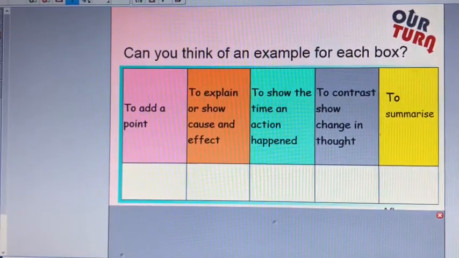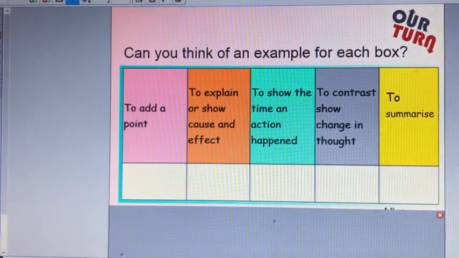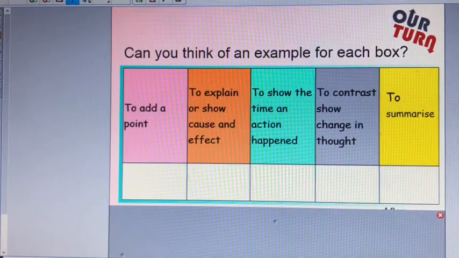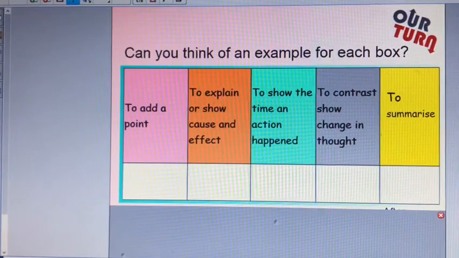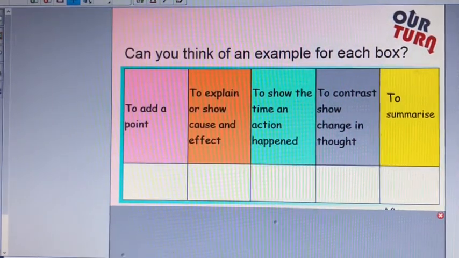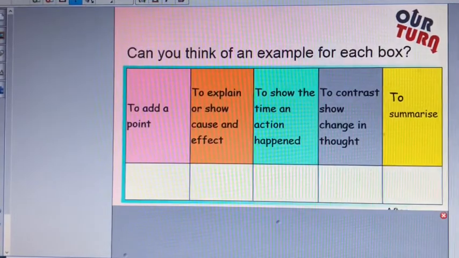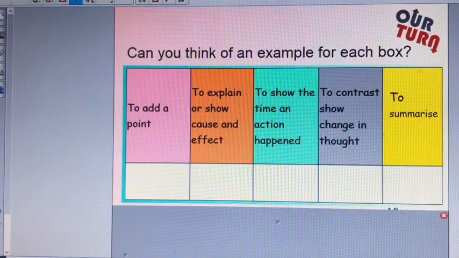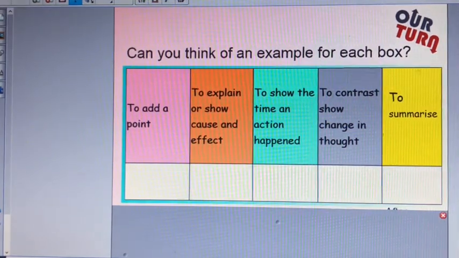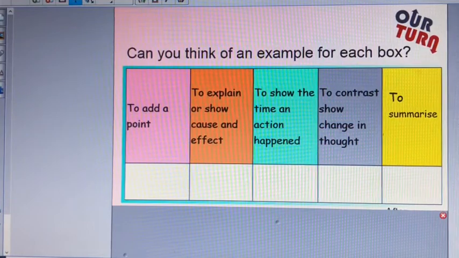Now I know since being at French you have all come across plenty of different conjunctions. And I know that many of you have had these conjunctions grouped together on your learning walls. So think back to what your classrooms look like and think to how some of the conjunctions were grouped together. So you can see we've got our additional conjunctions which add a point.